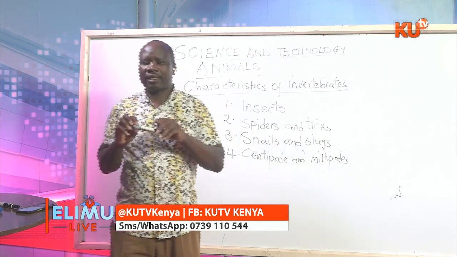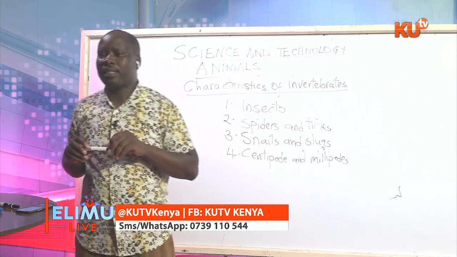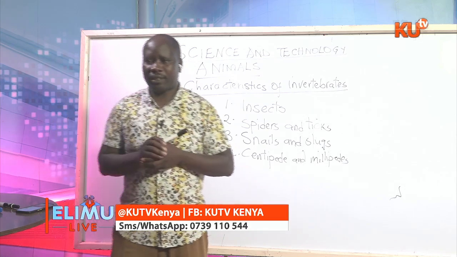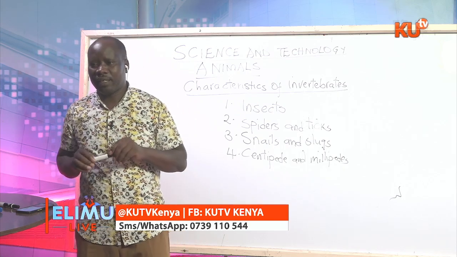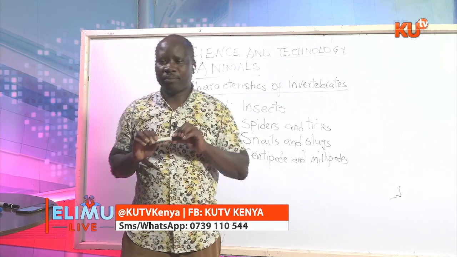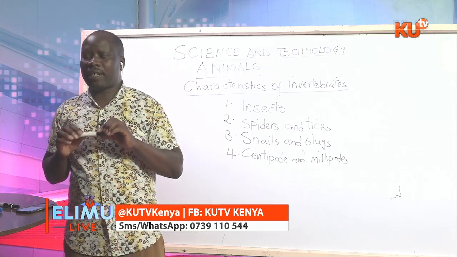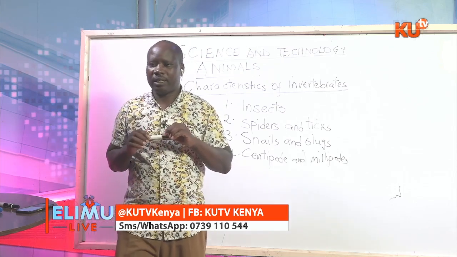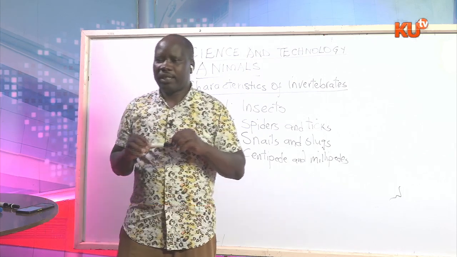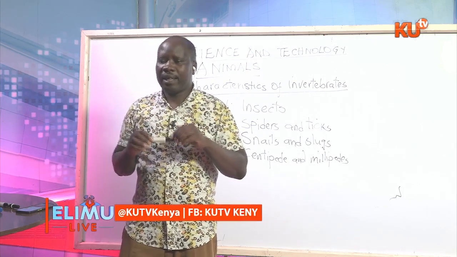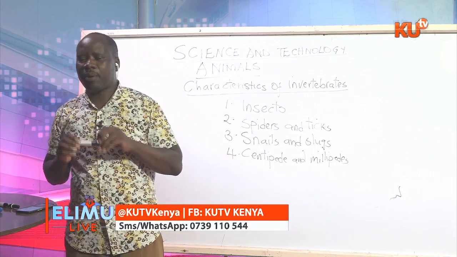If somebody asks you to give the characteristics of insects, what will you say? If somebody gives you a diagram or a real animal and tells you this is an invertebrate, under which category does it fall? Or prove that this is an insect. Their characteristics are very simple.